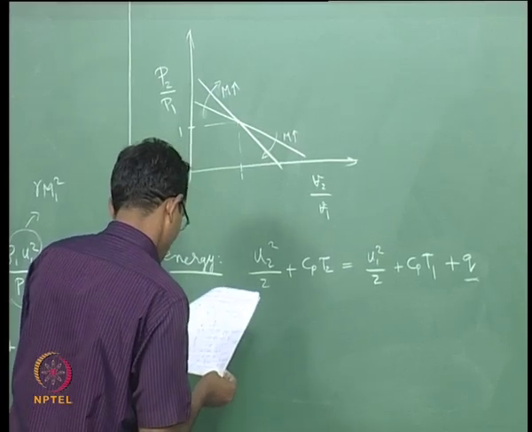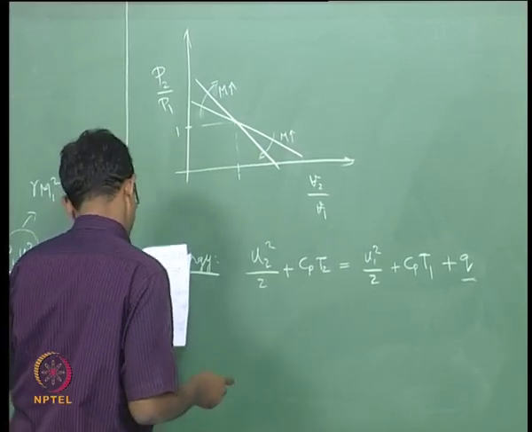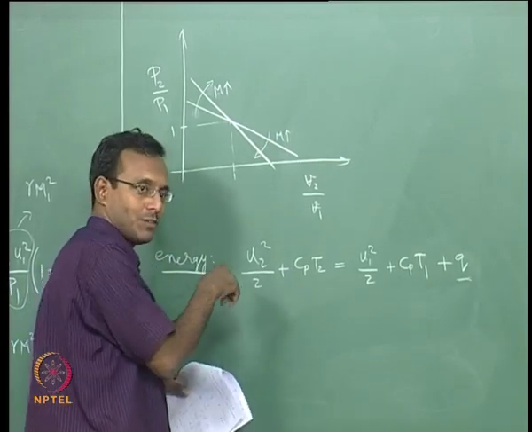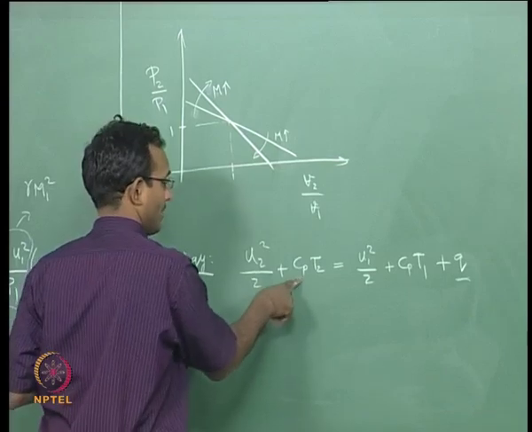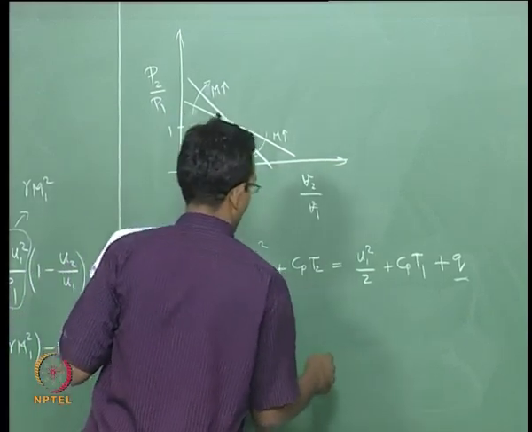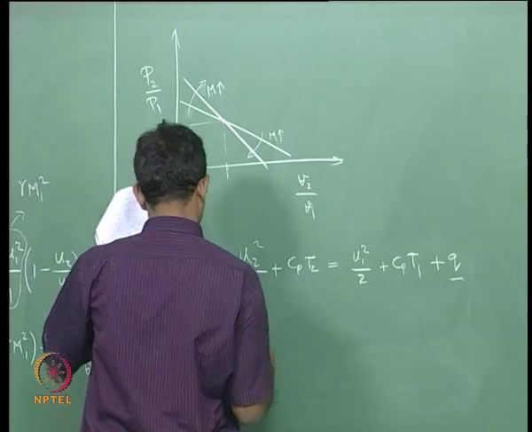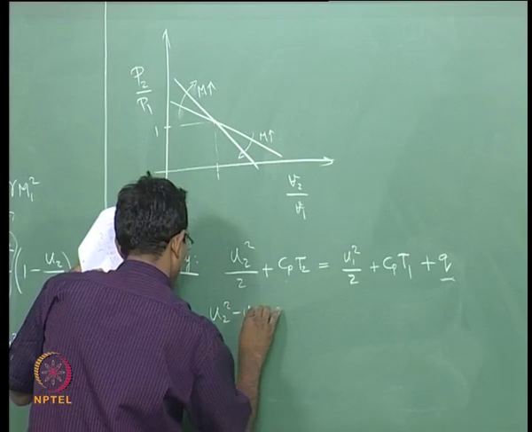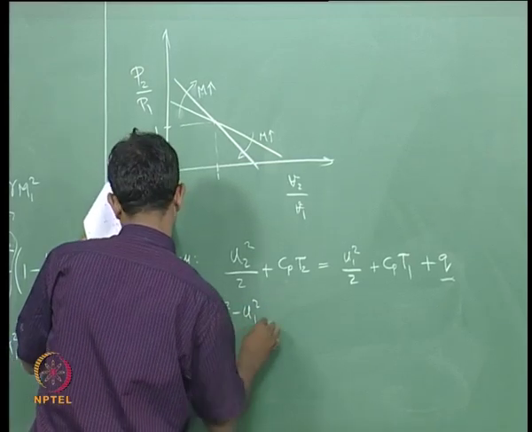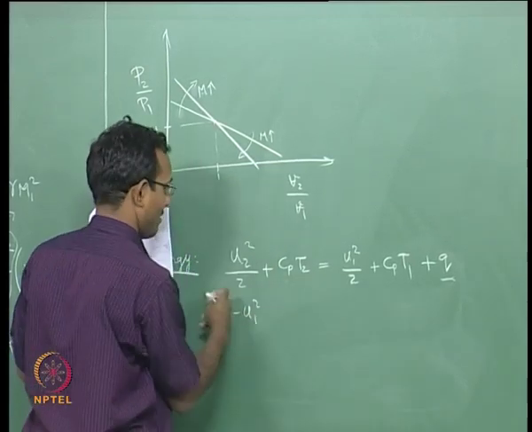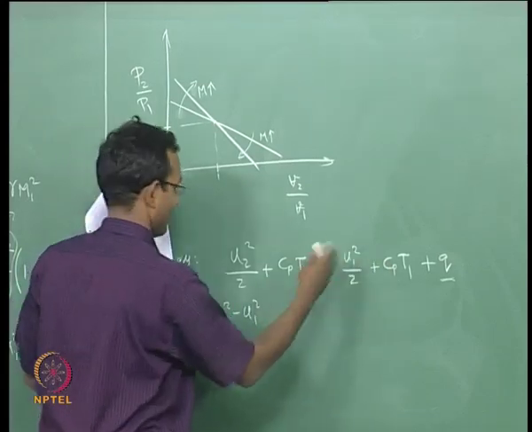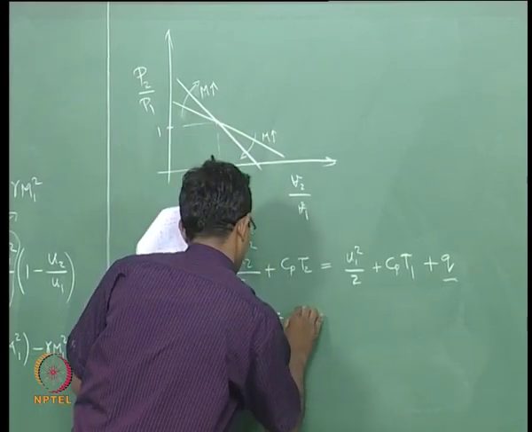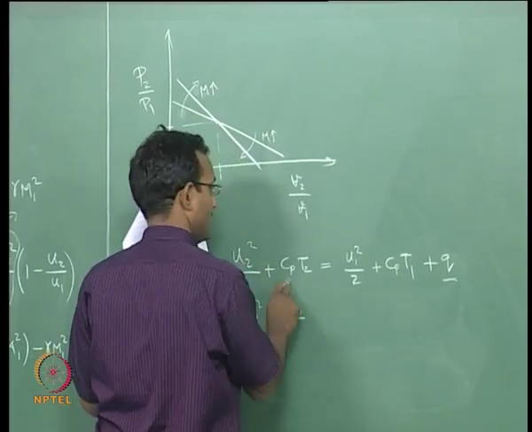We will substitute Cp in terms of gamma and R, that will be my Cp equal to gamma R by gamma minus 1, and I want to rearrange this term, U2 square minus U1 square. Of course, I could have a divided by 2, I will just take the other things and multiply them by 2, is equal to 2 times Cp's together.